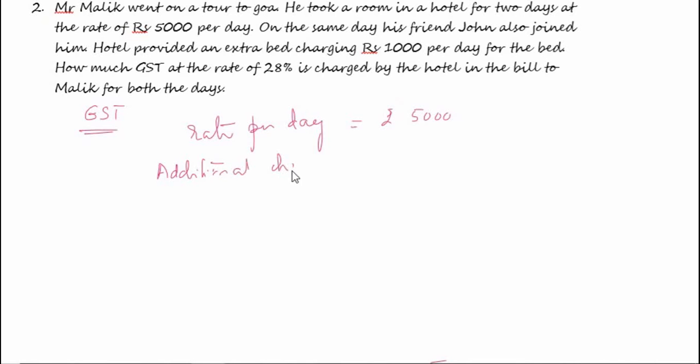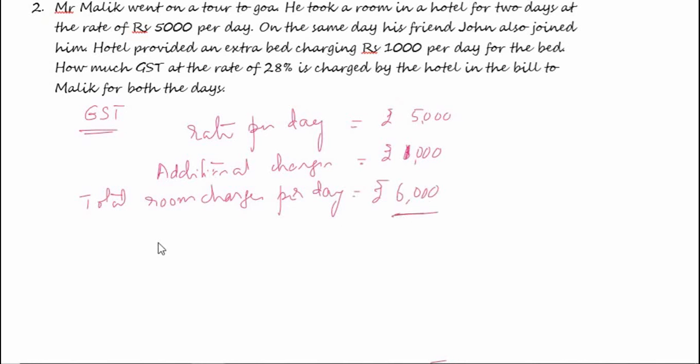Additional charges, this is for the extra bed, that is rupees 1,000. So total room charges for both the people per day, you have to add these two, so it is rupees 6,000. So room charges for 2 days.